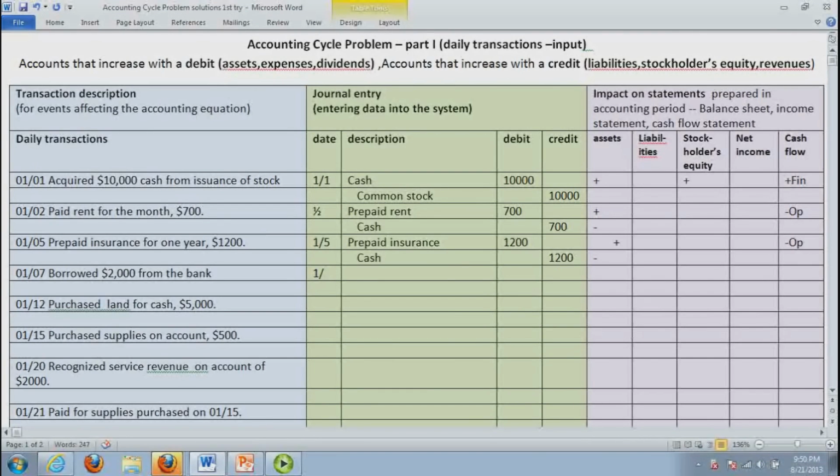Then we go on to borrowing money from the bank, cash comes in, which is an asset. We promise to pay money to our creditors, to the bank, so we have a notes payable. Cash would come first because that's the debit with the increase, and notes payable would come second because that's the credit, increasing a liability.